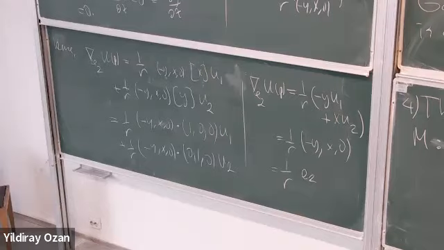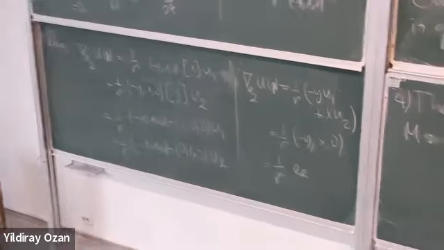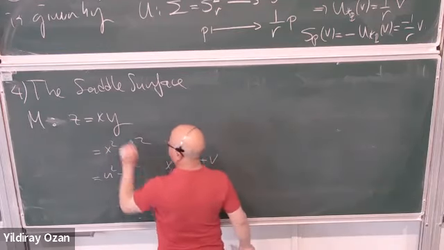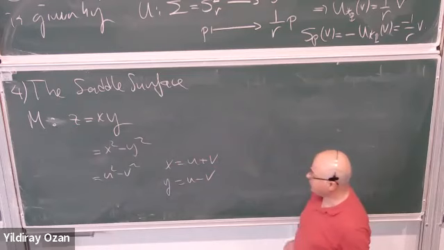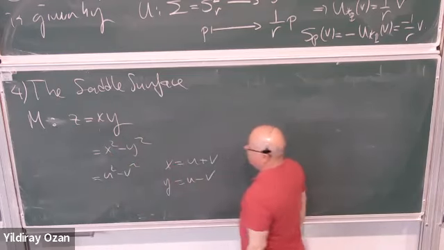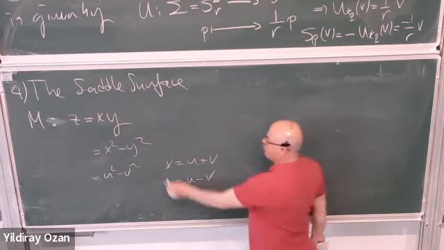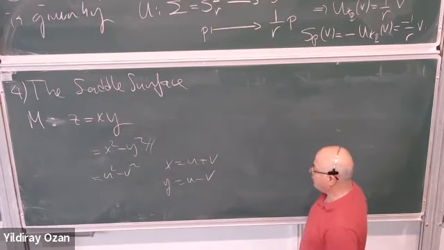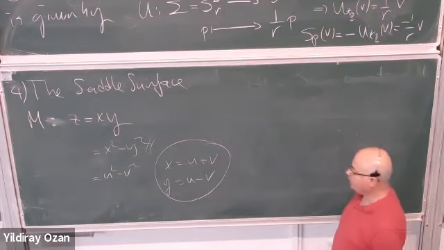Evet, çeviririm tabii ki. Kusura bakmayın. So the saddle surface M is given like this. The example we will consider is the surface given by Z equals XY. This is basically the surface Z equals X squared minus Y squared, and you see how we make the coordinate change, which transforms one surface to the other one.